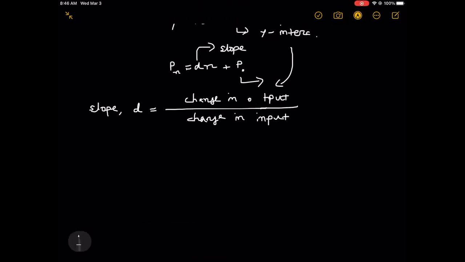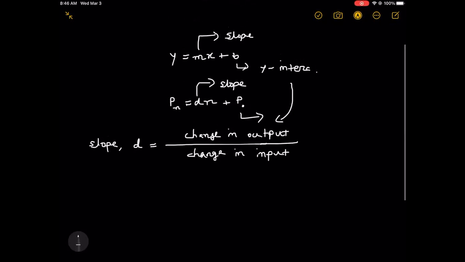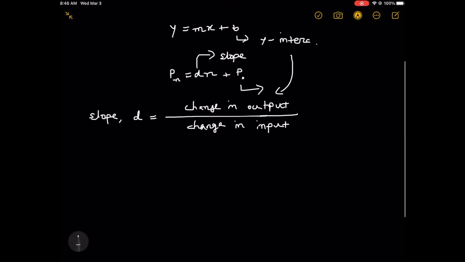Now, the question would be, what's my output here? And what could be my input? So you can remember, or if you can see the question, for 2003 and 2007, the population was given, which is 12,000 and 15,000 respectively.